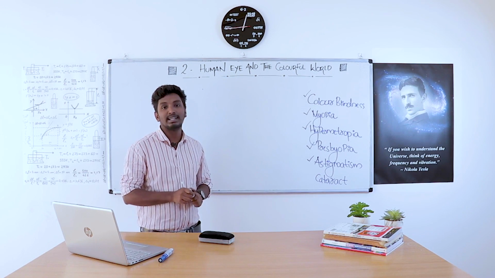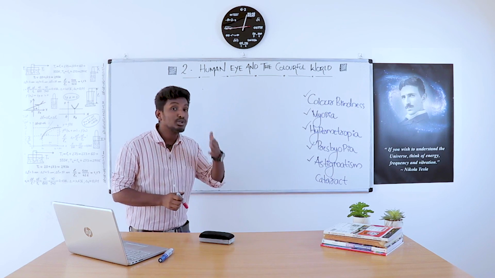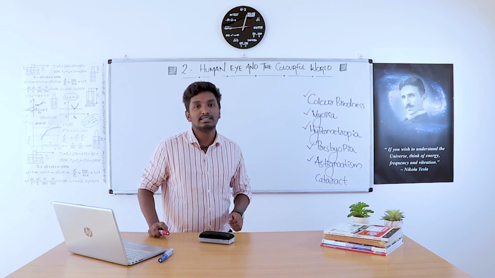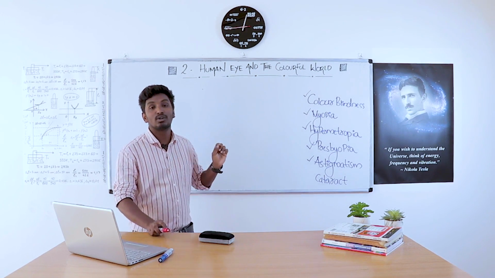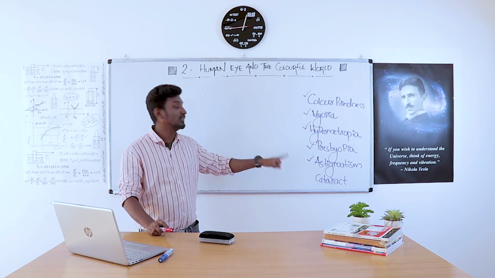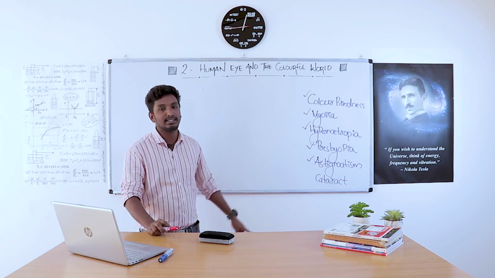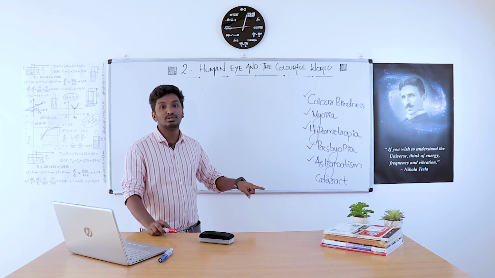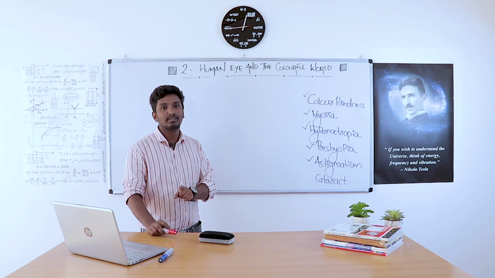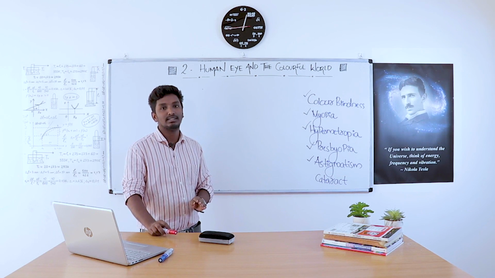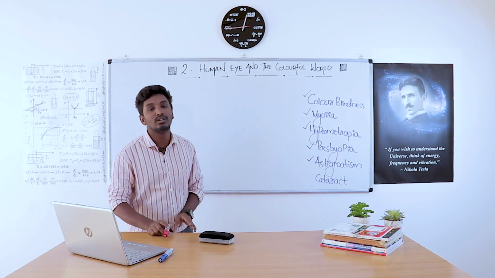So what is cataract? Due to membrane growth over the eye lens, our eye lens becomes hazy or even opaque. This condition or defect is known as cataract. This may lead to loss of vision or decrease in vision, and this can be corrected only by surgery.